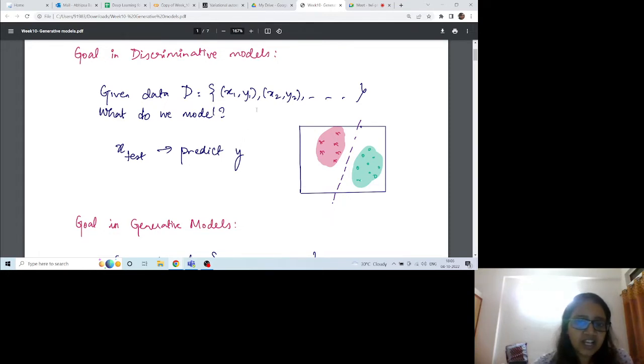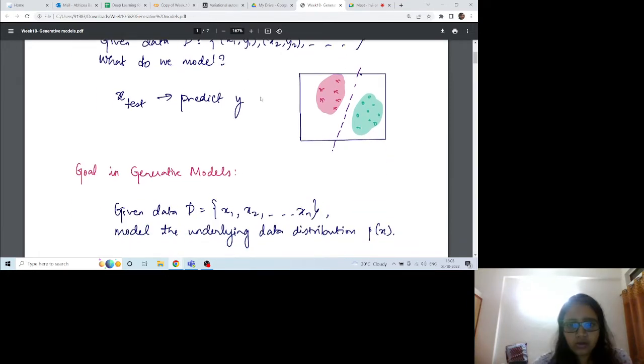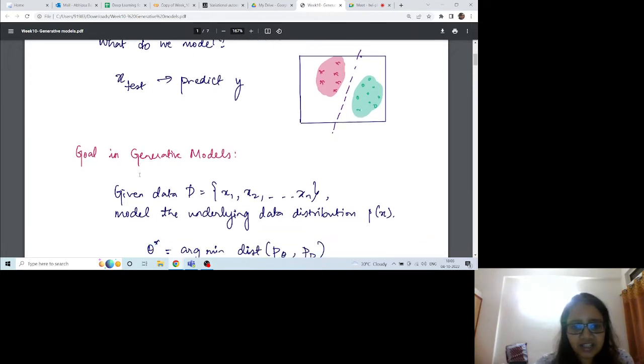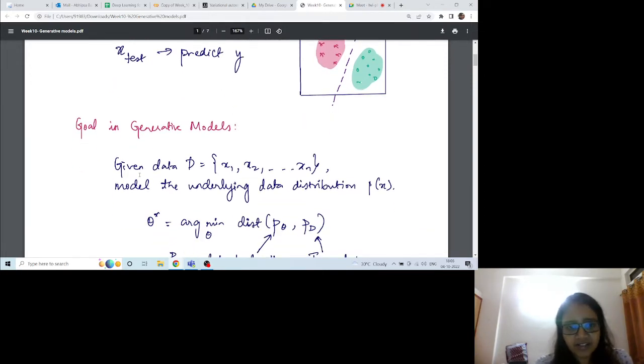Now, what are generative models? Before going into maths and all, what is the purpose of learning these things? For example, generative adversarial networks and variational autoencoders that we are going through this week, the main idea is that you have been given these data points x1, x2 to xn.